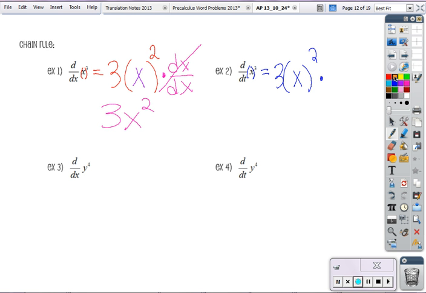So what are we taking the derivative of? Over dt. Why? Because if I read it, I'm taking the derivative of x with respect to t. And if you read it that way, it tells you what you write. I am writing the derivative of x with respect to t.